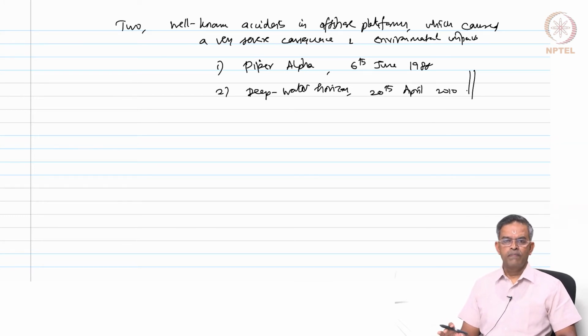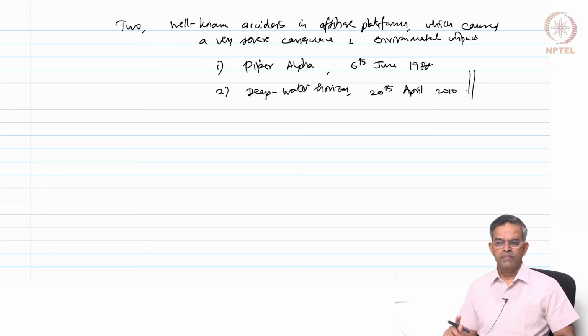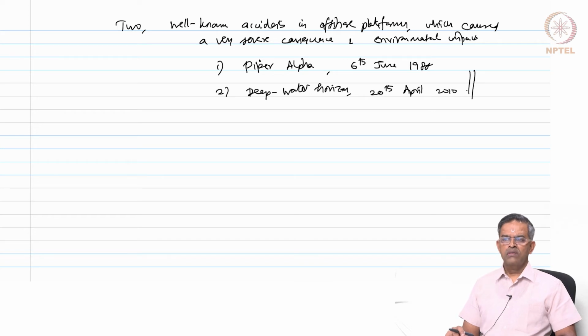But still, even though the occurrence of these accidents is very, very low, the consequences are very severe. Therefore, one emphasizes the fact that such structures must be designed for blast loads to avoid fire and explosion, which can be very devastating.